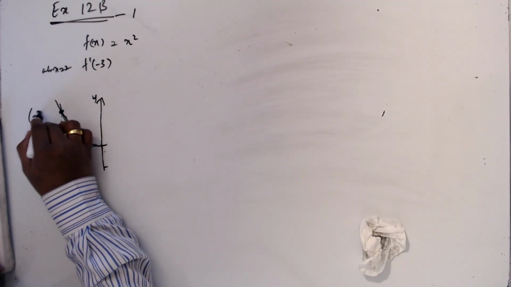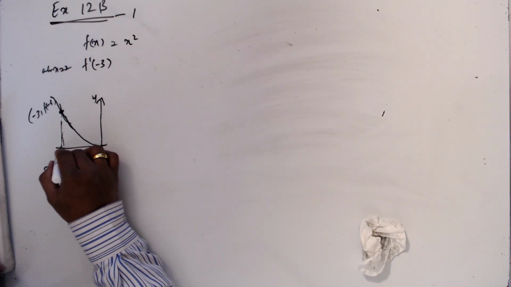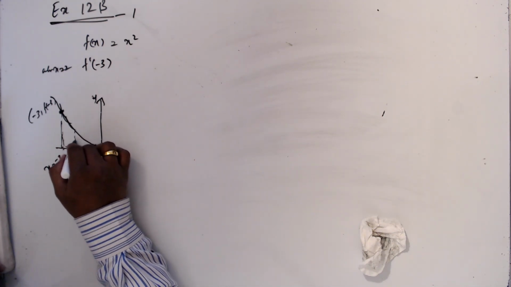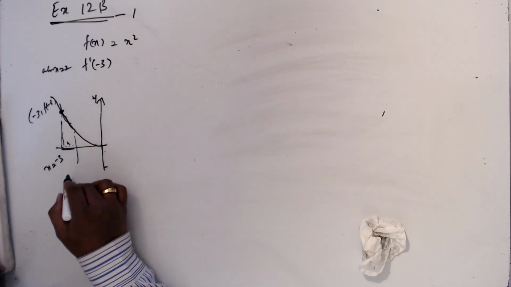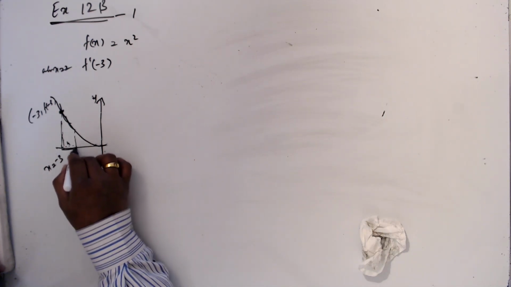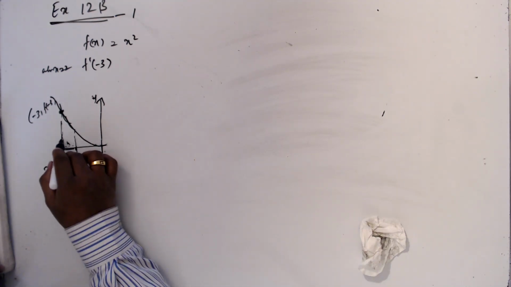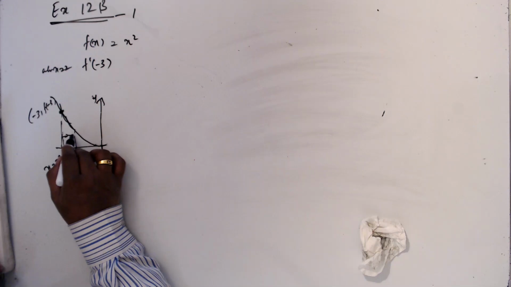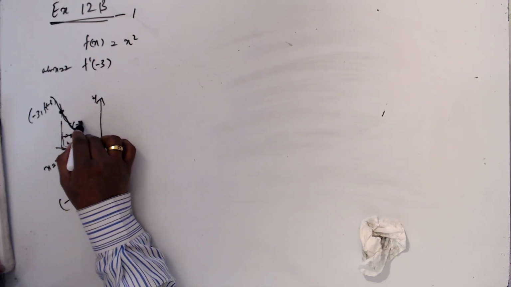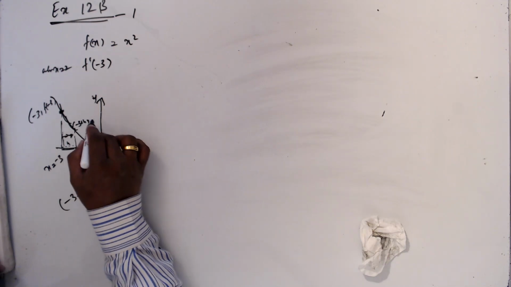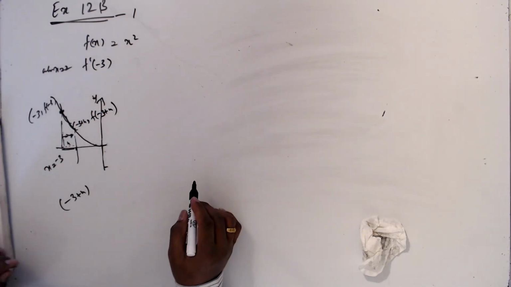So minus 3, f(minus 3), and take another point h distance away. This one you can write as minus 3 plus h. So you pick up a point from here, minus 3 plus h, and this is f(minus 3 plus h).